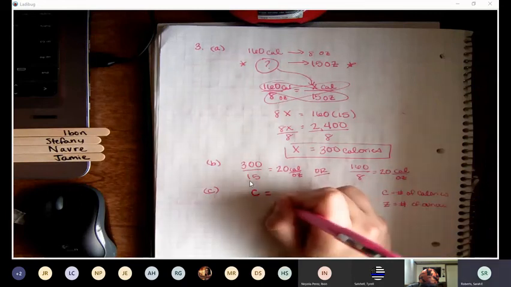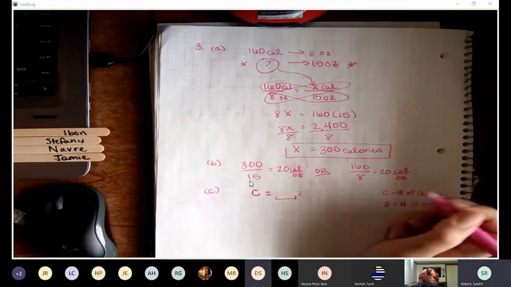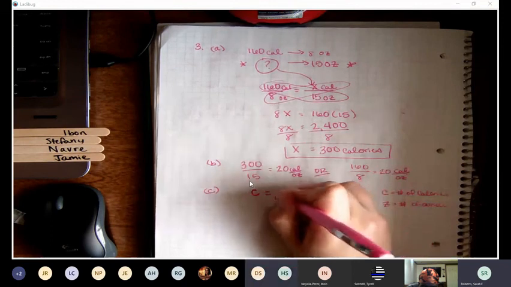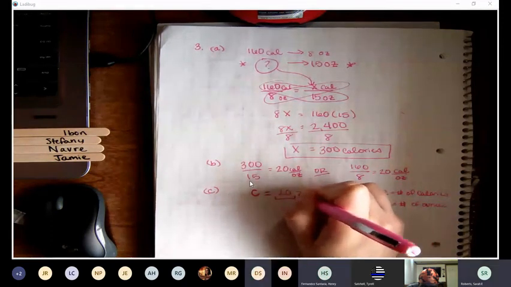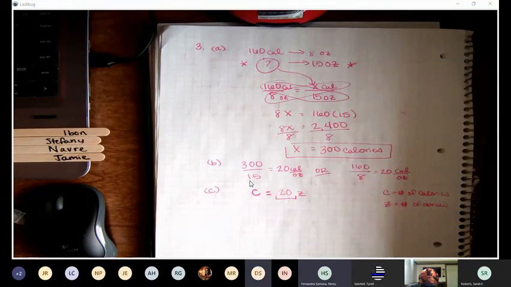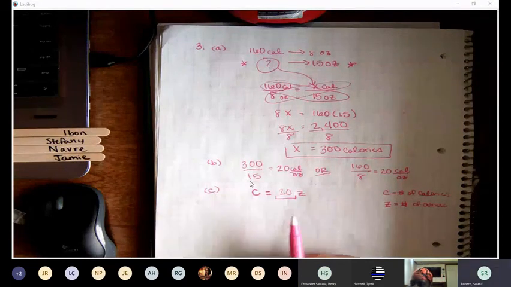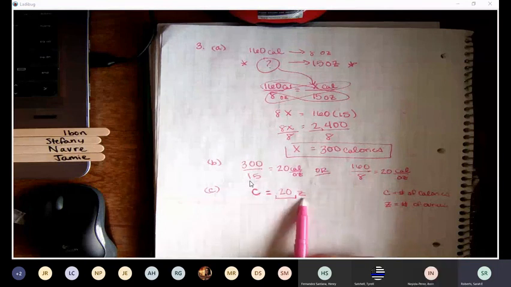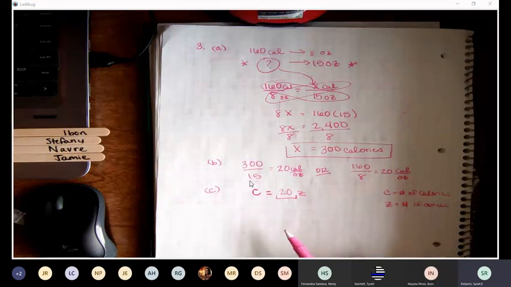Multiply. What's the number that needs to go right here? 20. Yeah, good. Let me see something. So our number of calories is equal to 20 times the number of ounces. And that concludes number 3.